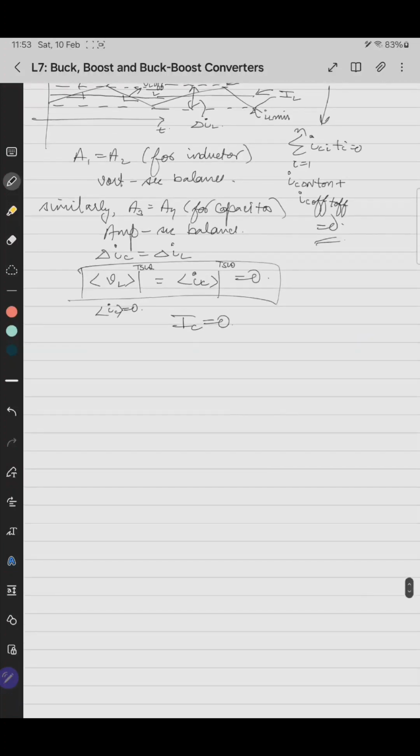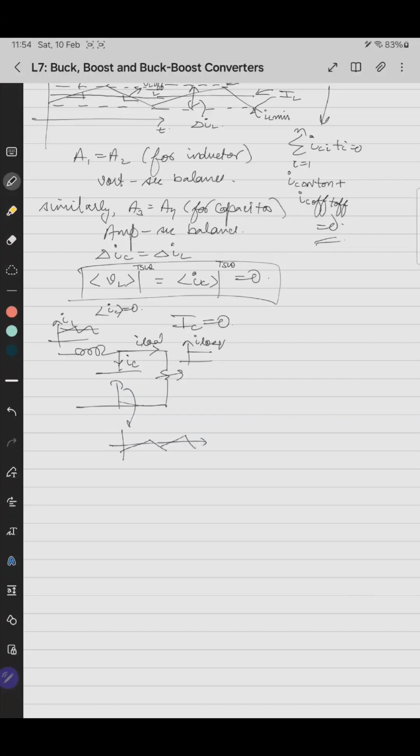Now this is the circuit configuration. This is the inductor. If you draw only the output side, this is the load. The load current is like this, I load, and this is the inductor current, IL. Then the capacitor current will be what? It is of only ripple nature with 0 average value, and this holds true: IL is IC plus I load.